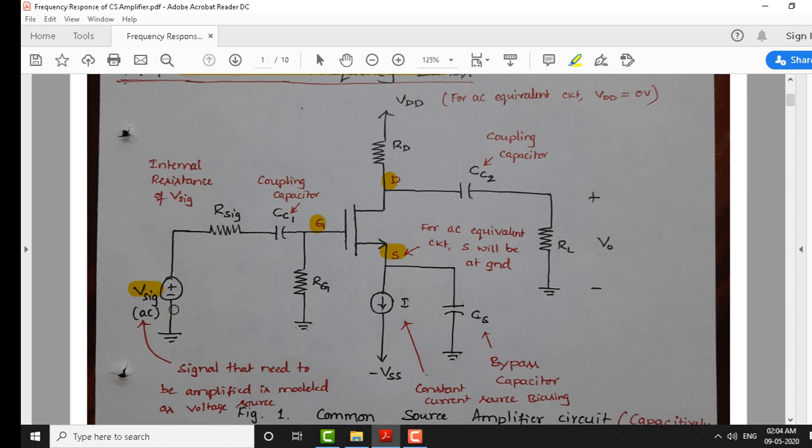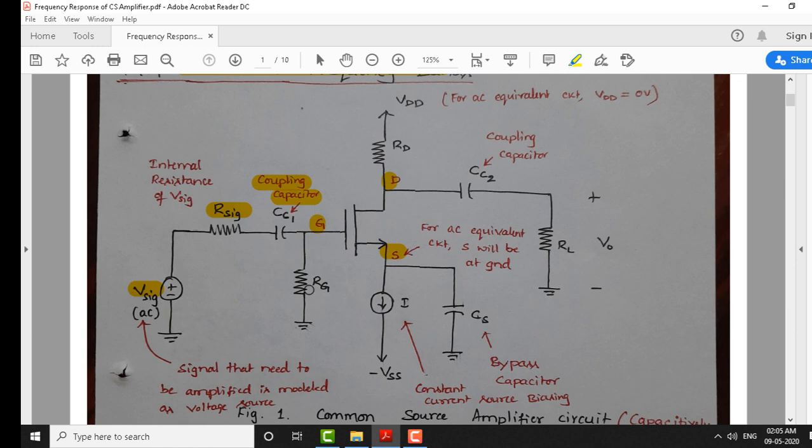This voltage source has an internal resistance, so R signal represents the internal resistance of V signal. The input signal is fed to the transistor via the coupling capacitor. The coupling capacitor passes the AC signal and blocks the DC signal, and here we have a resistance RG, the gate resistance, which is usually a very large value.